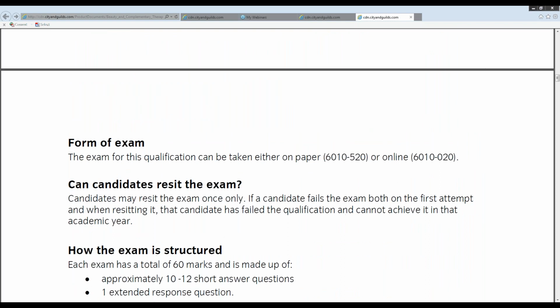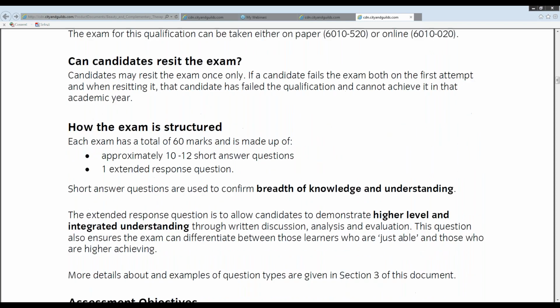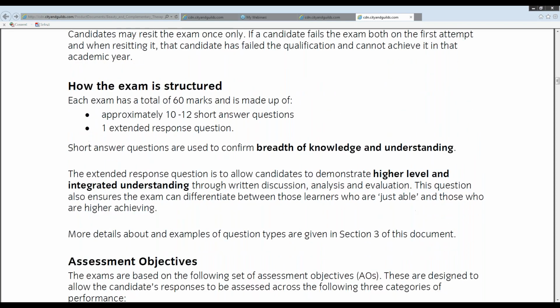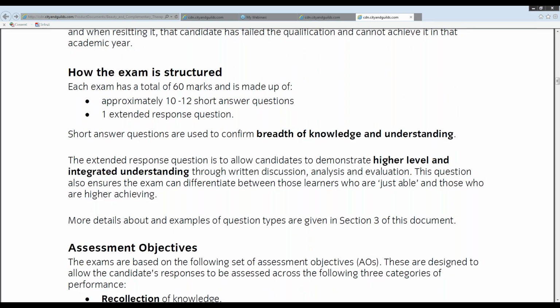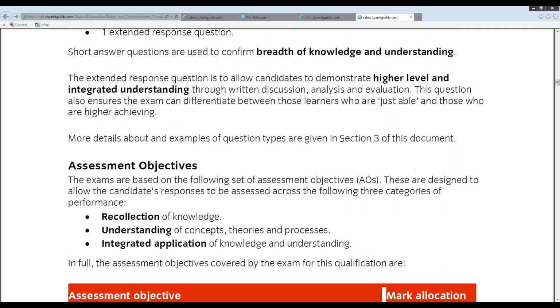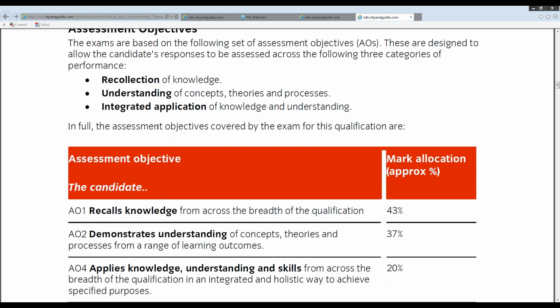We then go into a little bit more information about that test. As I say, it tells you it's going to be 60 marks, approximately 10 to 12 are going to be short answer questions, and you're going to have 1 extended response. Again, I've gone through this bit.